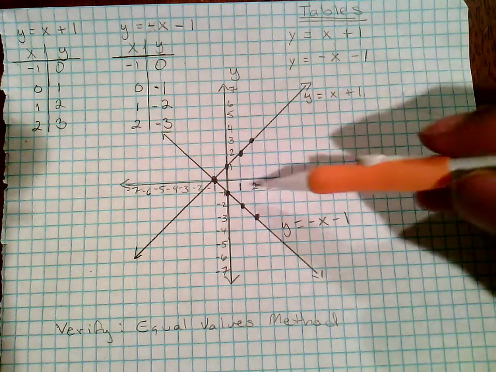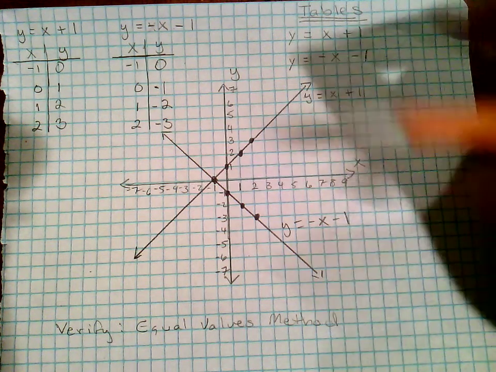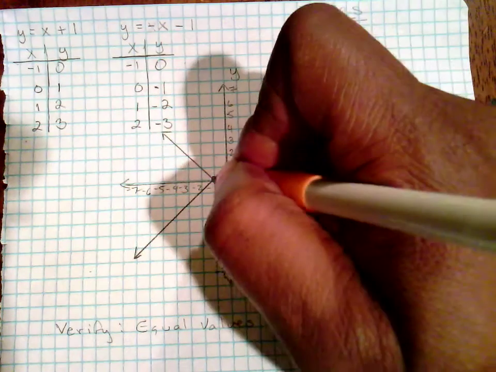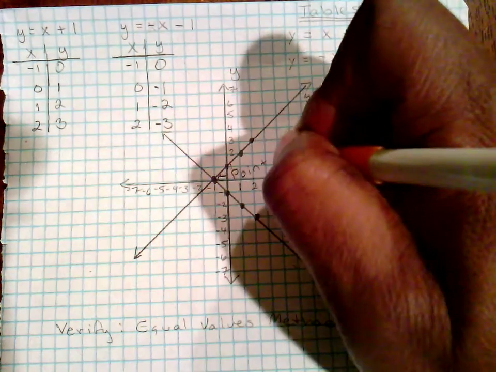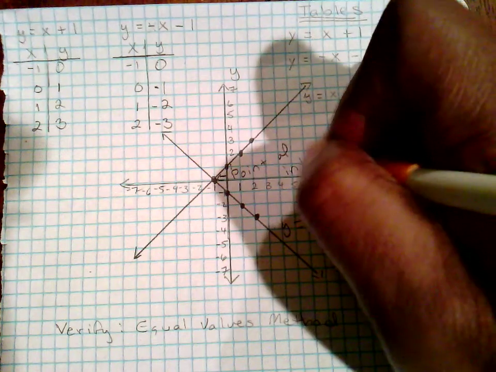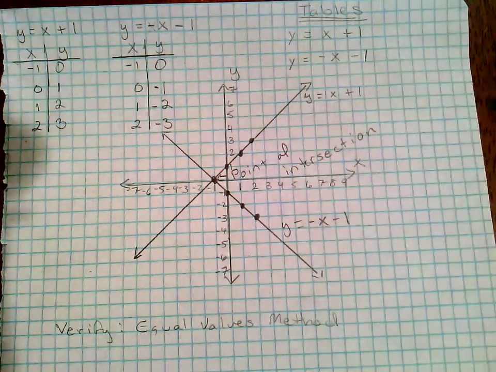Now, to determine our solution, we determine where these lines intersect. We look at this point here. This would be our point of intersection, where the two lines meet.